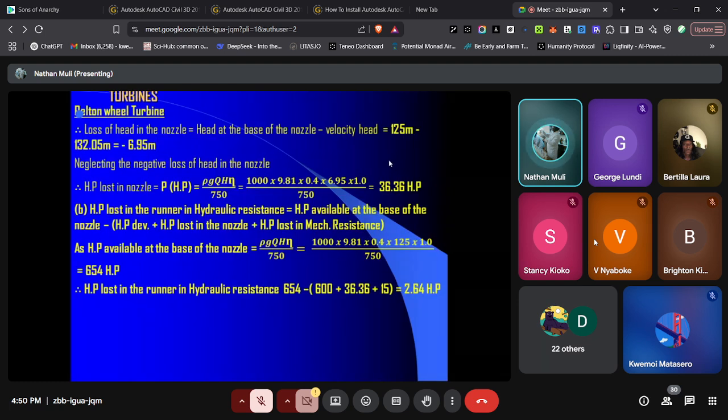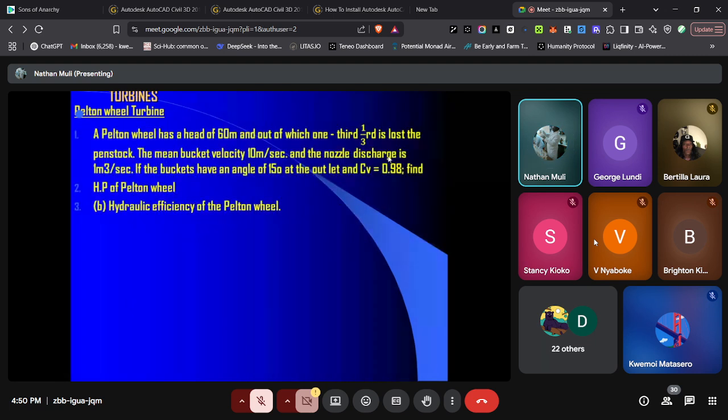So you look at this when we share the notes, and you can try this at your own time. A Pelton wheel has a head of 60 meters, out of which 1/3 is lost in the penstock.